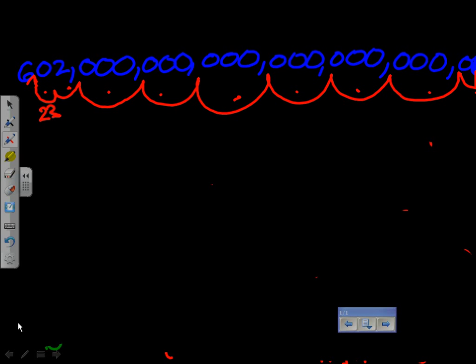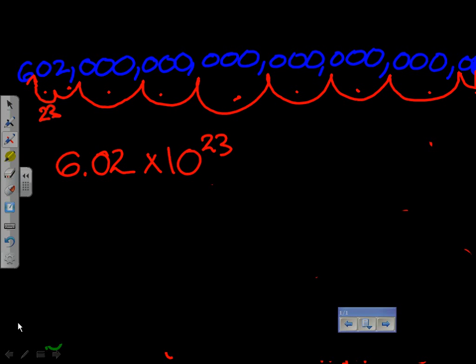So what you do is you combine them. You say 6.02, and that is your number, and you multiply that by 10 to the 23rd. Now, obviously, you see where the 23rd comes from because we've counted those humps starting from the decimal point all the way to the left side where the last number is, and we counted up to 23.